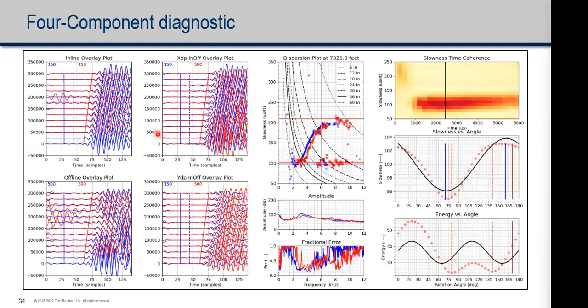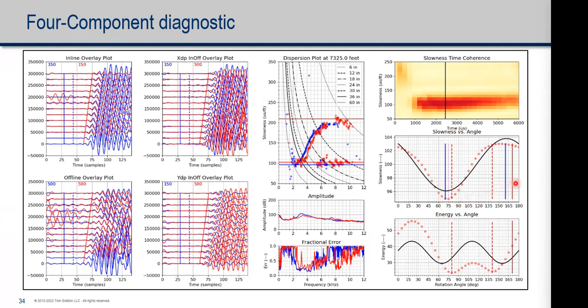So you look at the diagnostic in this data, and again, I'm looking at the inline and cross-line components, and you can see some noise on the waveforms. This is typically due to the centralization calipers rubbing on the borehole wall, making some noise, and you're not really in phase in some of the offline data.